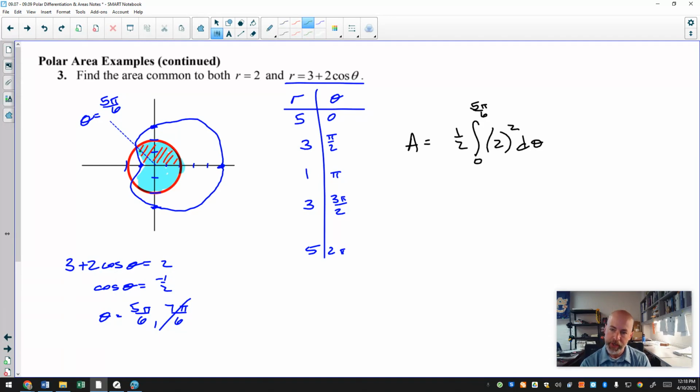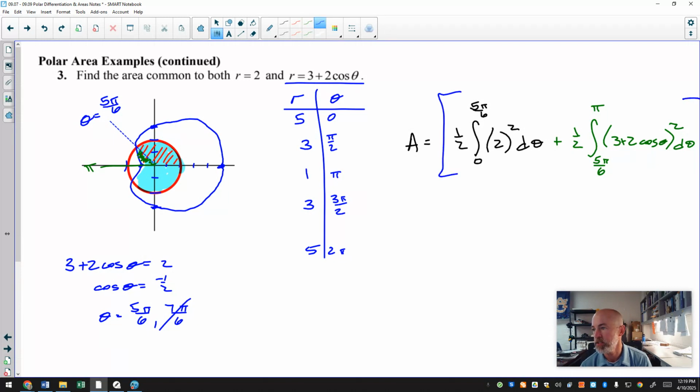Then I'm going to add to that the area from 5 pi over 6 till pi, where we're contained by the blue graph, the limaçon. And that's the equation 3 plus 2 cosine theta squared d theta. And then keep in mind, I only found half the area. Now I need to put all of that in big honking parentheses.